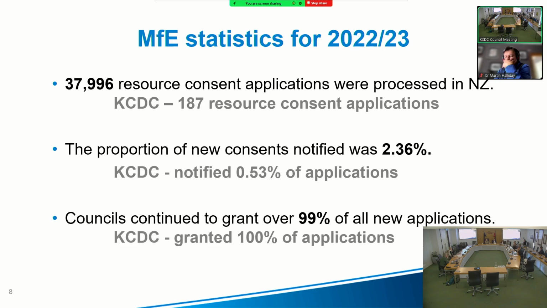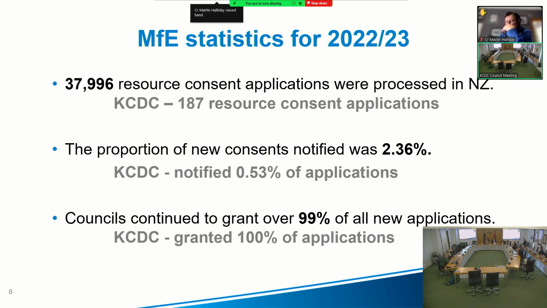To give you a practical example, in the last financial year we have only had two limited notifications. There were no public notifications made last year. Only two were notified, and although it went through the notification process, the decision wasn't issued because the applicant withdrew their application.